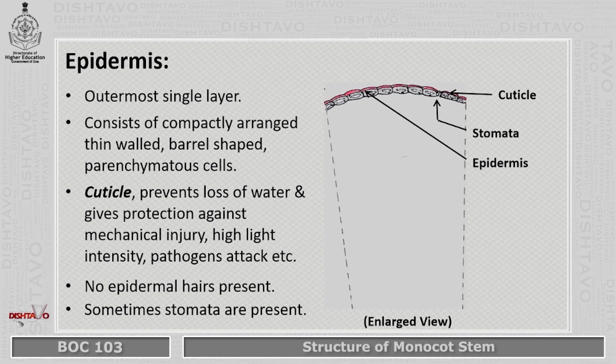Being a waxy coating, it prevents loss of water from inner tissues of stem and also gives protection against mechanical injury, high light intensity, pathogen attack, etc. No epidermal hairs or trichomes are present on the epidermis of monocot stem. Sometimes we see presence of stomata.